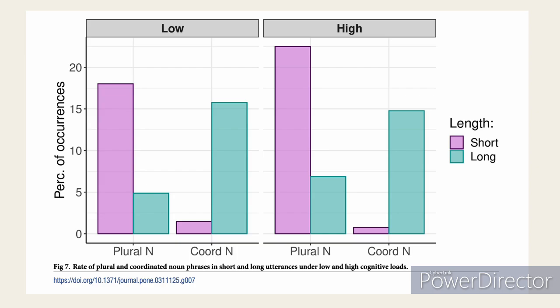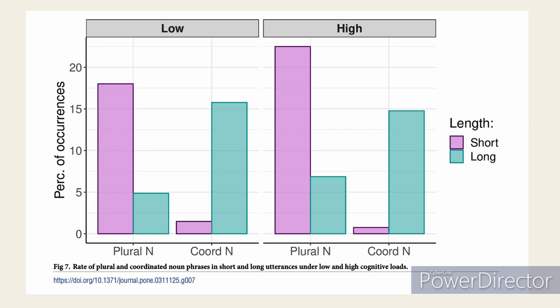First, let's look at the complex structure preference of long sentences. Regardless of load, long sentences use coordinated nouns significantly more often.